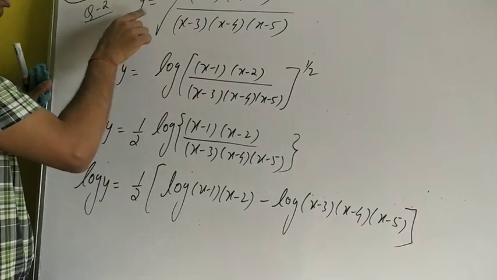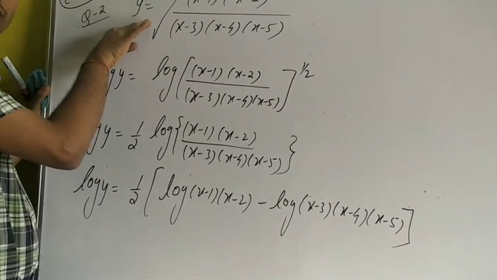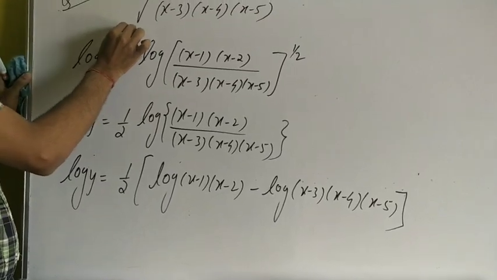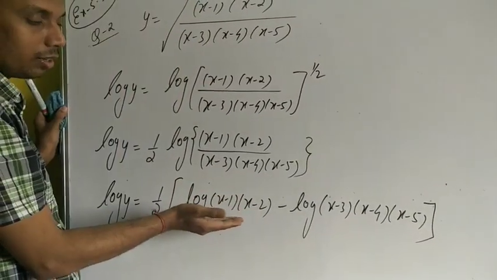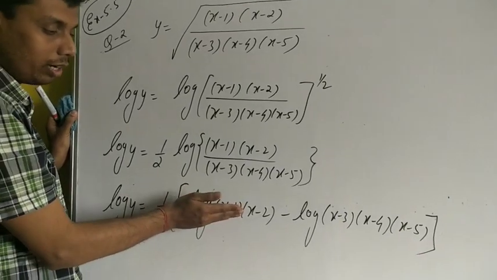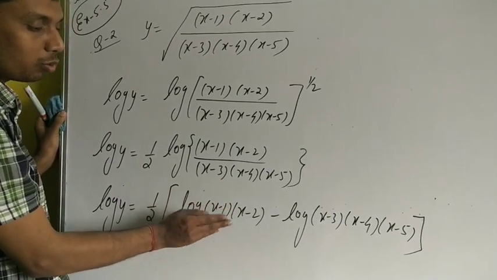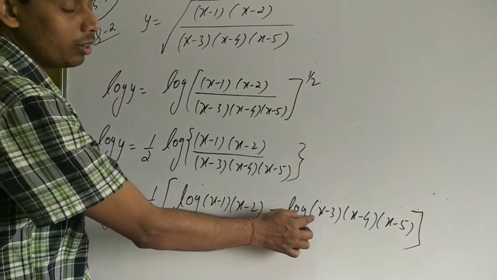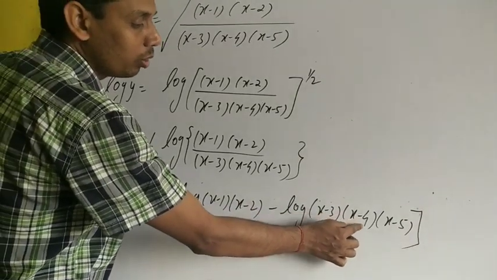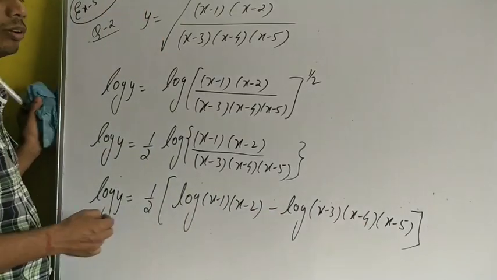See, after the first step, where we write taking log on both sides, straight away we can write this, or even the step next to it, that is log(x-1) plus log(x-2) minus log(x-3) minus log(x-4) minus log(x-5).